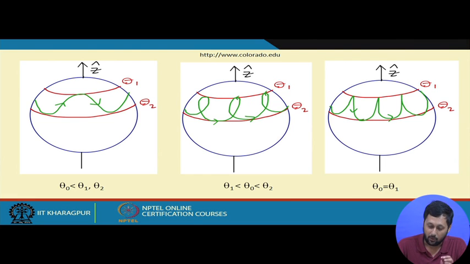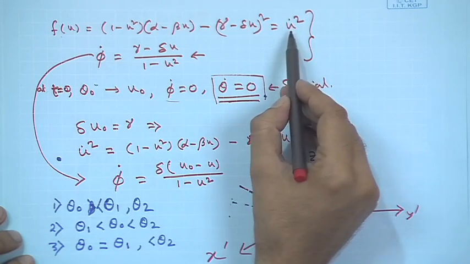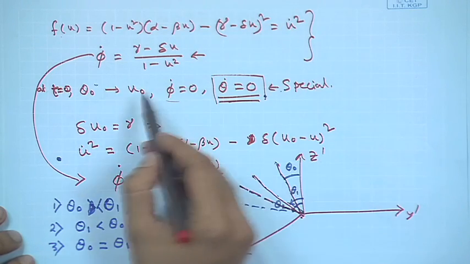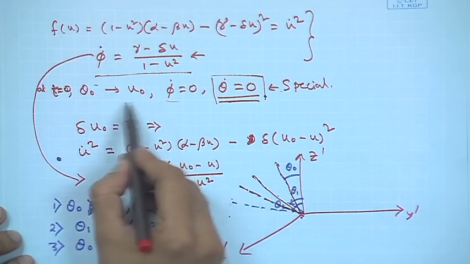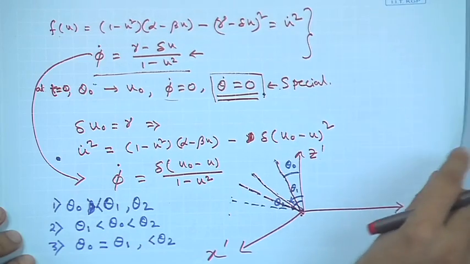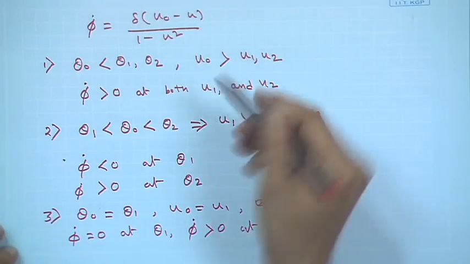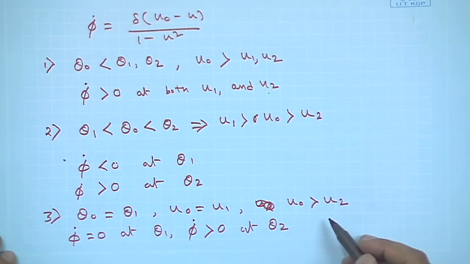All of this can be understood in terms of very simple mathematics, where we first find the roots by setting f u dot equal to 0, and then slightly modify this equation for this particular initial condition. All three types of traces are a direct consequence of this simple mathematics.